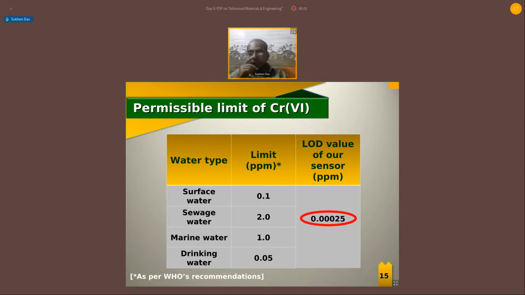So in this way, with the standard chromium available in the market, we have made a calibration curve so that we can identify the unknown sample which we have collected from the Bantala canal or water collected from any other process, whether this water has chromium or not. And if there is chromium, then we want to find out the percentage of the chromium there.